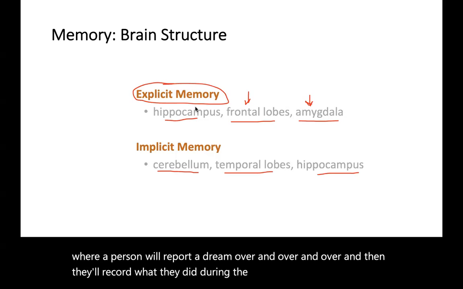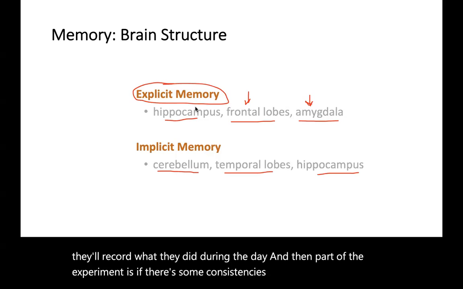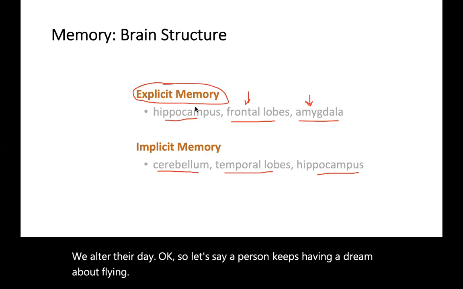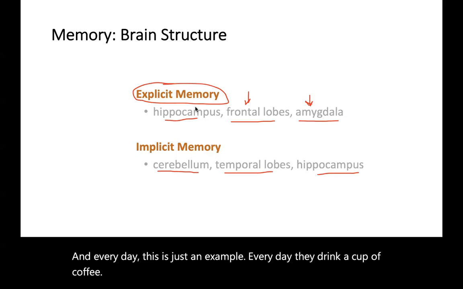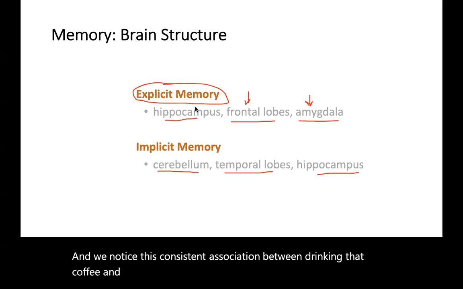Part of the experiment is that if there are some consistencies in the dreams, we alter their day. So let's say a person keeps having a dream about flying, and every day, this is just an example, they drink a cup of coffee. We notice this consistent association between drinking that coffee and dreaming about flying.